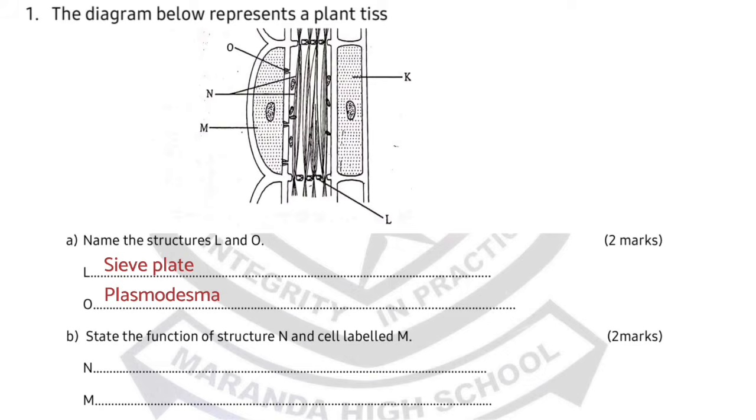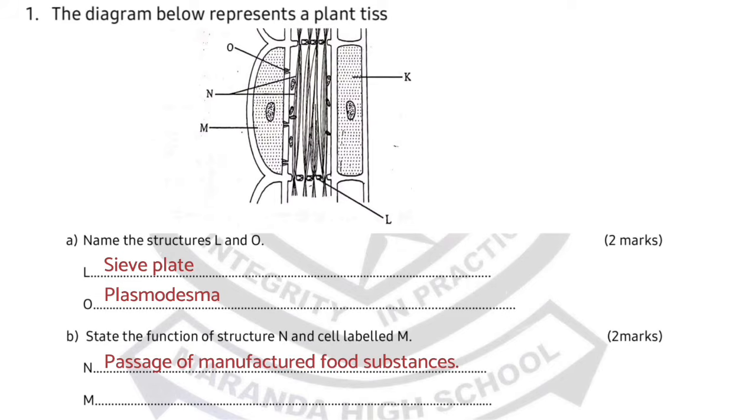Part B, state the function of the structure N and the cell labeled M. So let's look at N, okay? Those are cytoplasmic filaments. Now, when you talk about the function of cytoplasmic filaments, they allow for the continuous movement of manufactured food substances. So manufactured food substances literally travel along the cytoplasmic filaments.